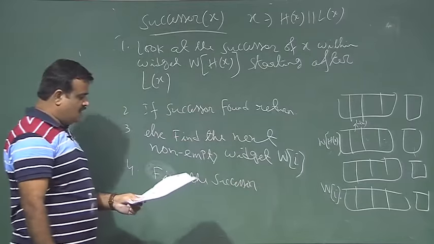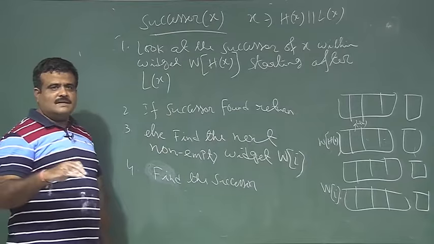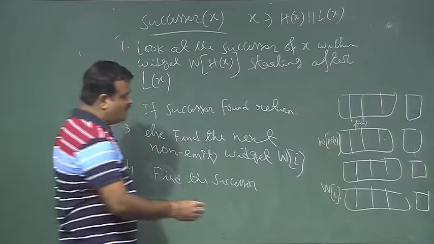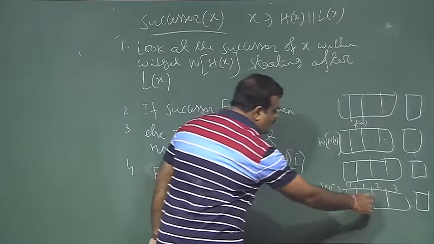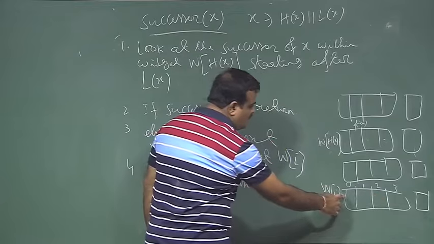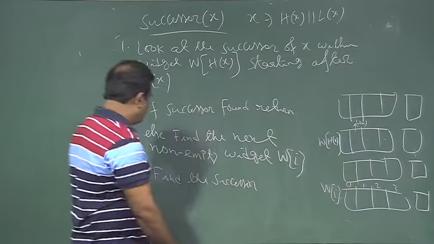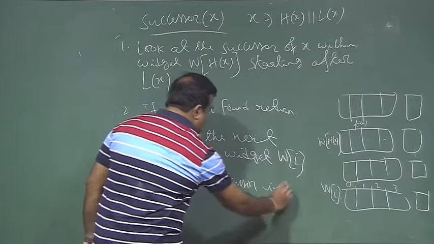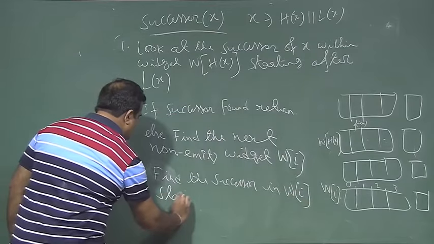successor of what? Say we start from the beginning, find the successor of say minus infinity or minus 1, minus 2, because it is starting from 0, 1, 2. So, basically we are looking for the first 1 here. So, we find the successor of minus infinity or minus 1 in wi, starting from the beginning.